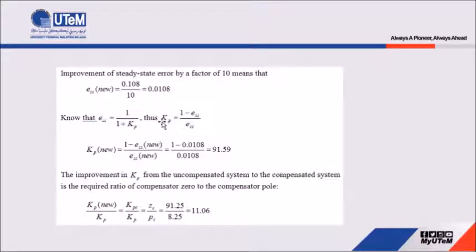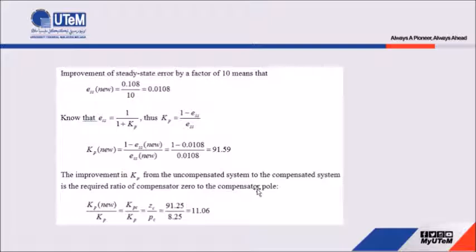We just apply this formula and put the value of ESS after compensation like this, and then we get Kp new is equal to 91.59.